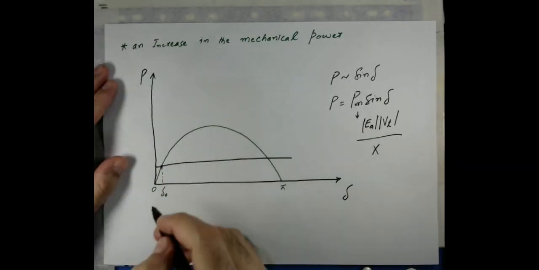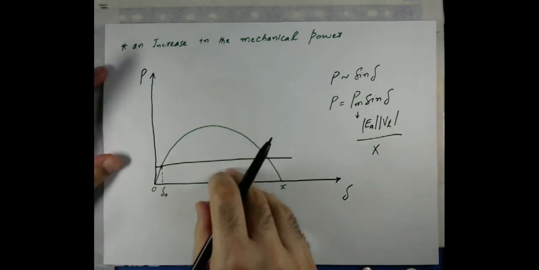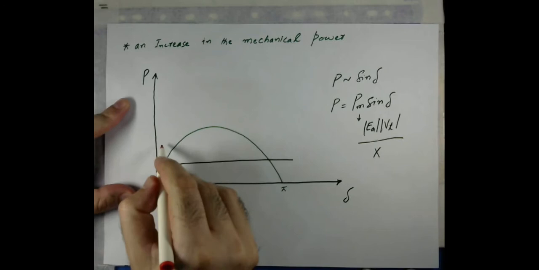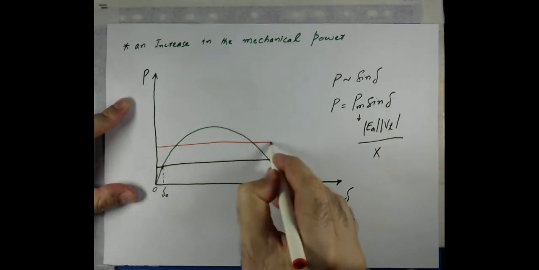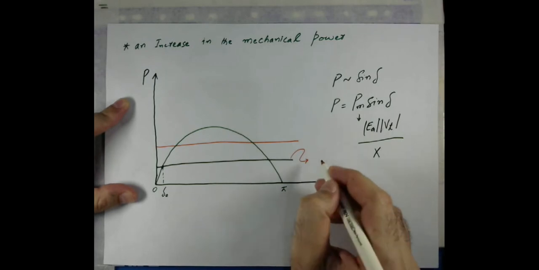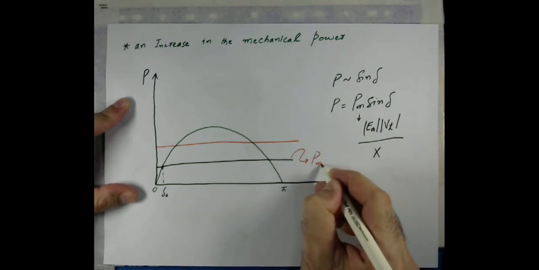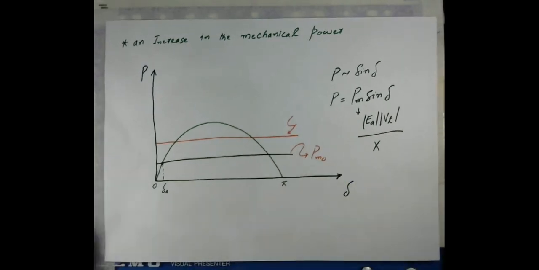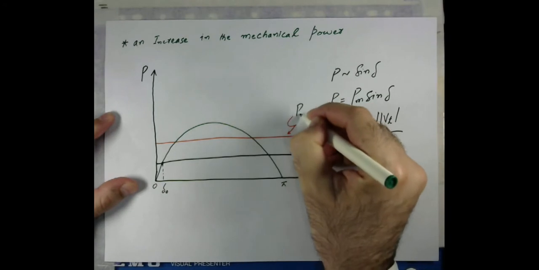At this angle the speed is synchronous, and let's say there is a sudden increase in the mechanical input power. Let's call this P m naught, and let's call this P mechanical 1.